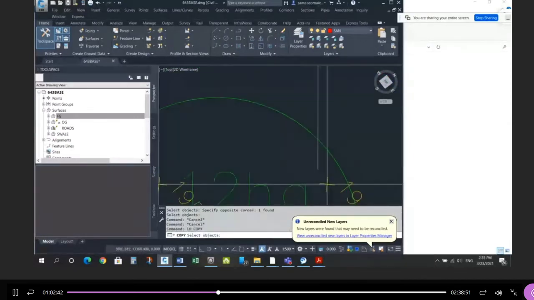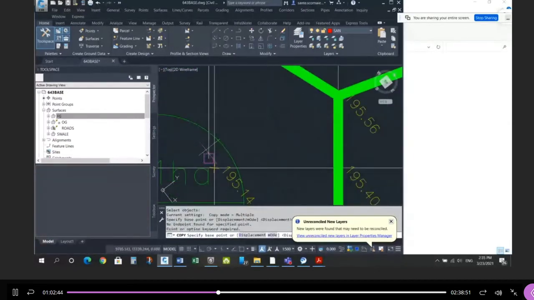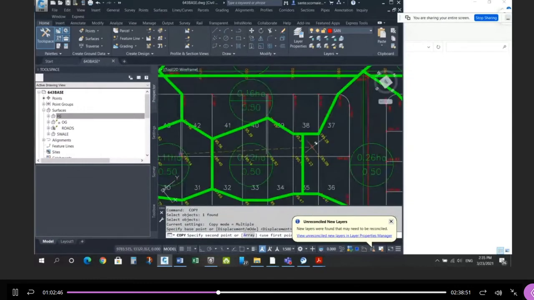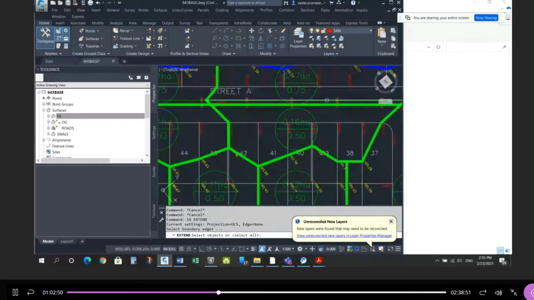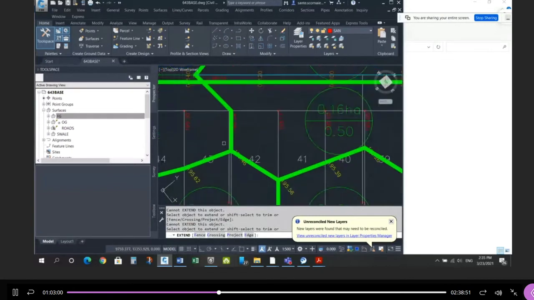There's your pipe. Make a copy of the structure. This is all AutoCAD. I'm not using Civil 3D pipes for this. This is just AutoCAD. And then extend to the storm sewer on the street these backyard pipes.